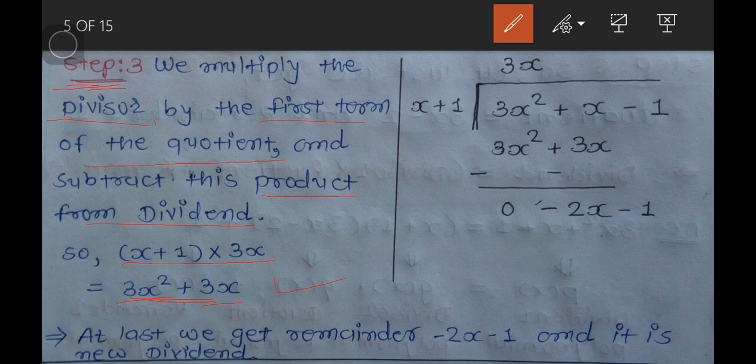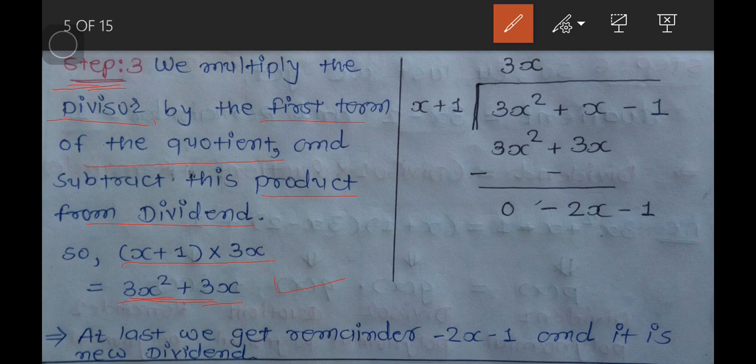Here we have multiplied 3x into our divisor, and we get 3x square plus 3x. We have put the first term of the quotient in the quotient, and now we subtract 3x square plus 3x from our dividend.